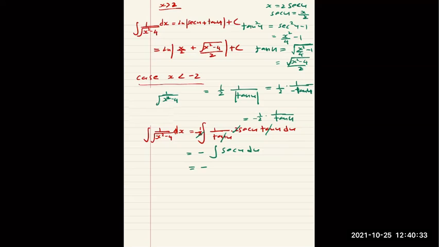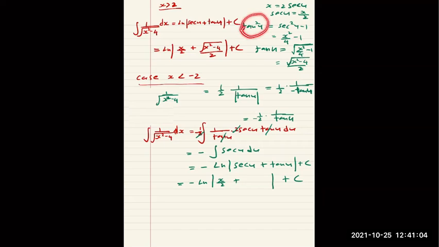This is equal to minus, you know how to integrate secant u, that is the absolute value of secant u plus tan u plus c. Okay, this is equal to minus ln of secant u, and secant u is just x over 2. That's your substitution. Plus, now you need to find your tan u in terms of x. How do you find your tan u in terms of x? We follow a similar procedure.